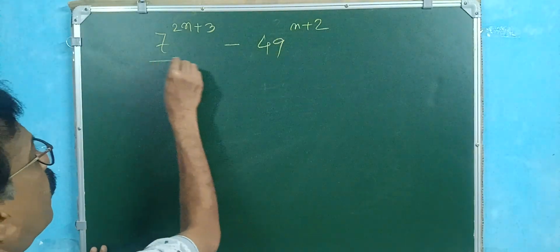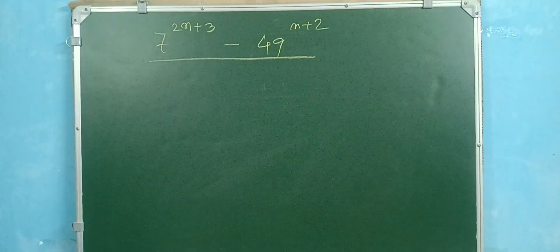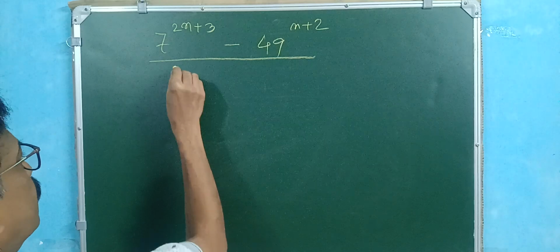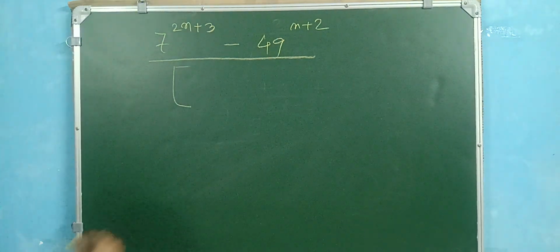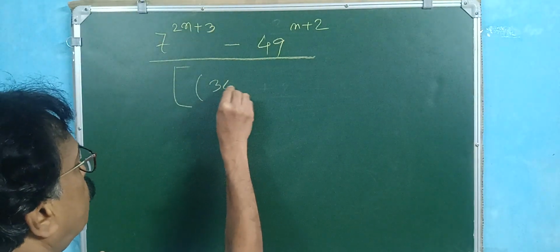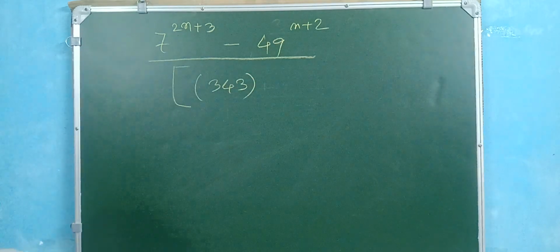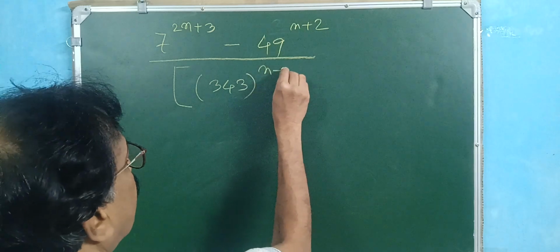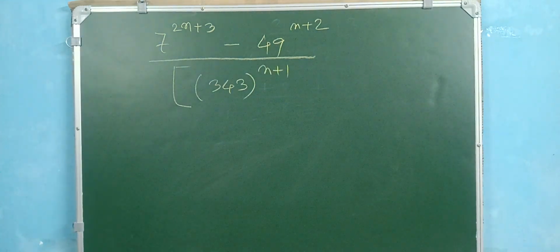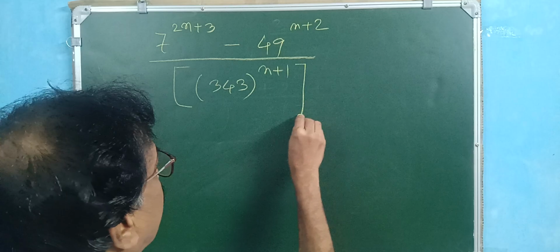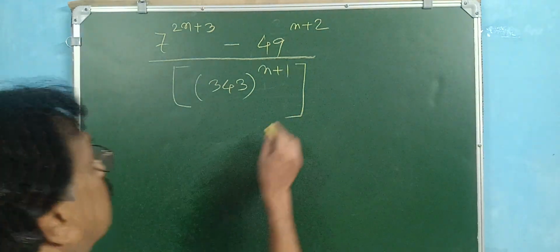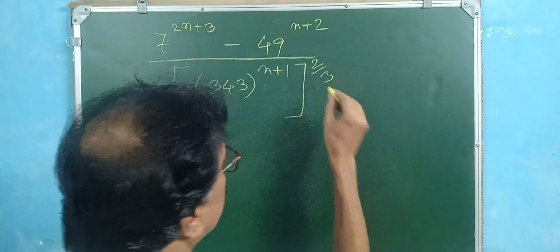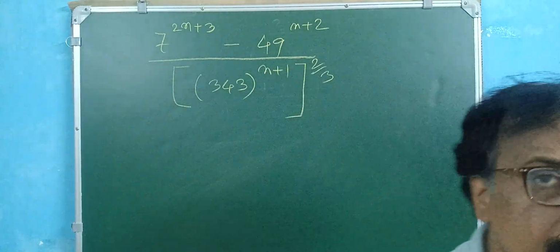Divided by, in brackets, 343 to the power n plus 1, and ultimately the total bracket here is 2 by 3. This is the sum. No problem.